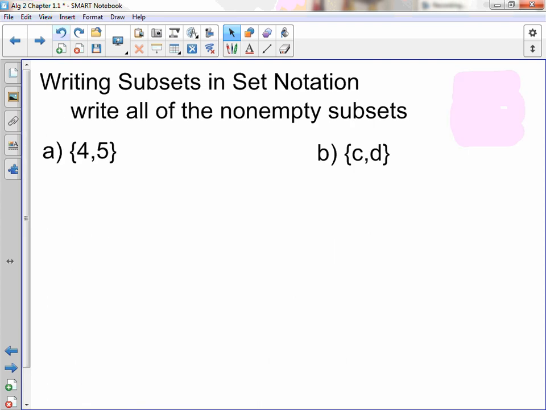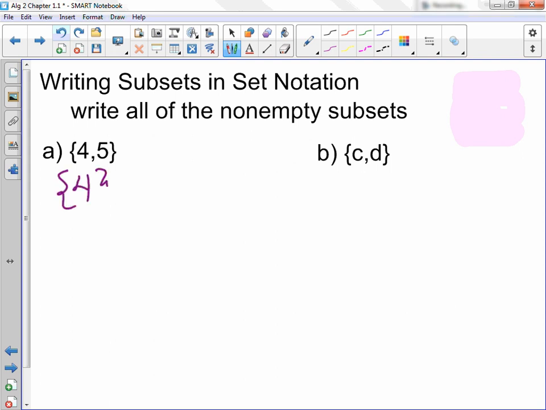So let's look at writing subsets. When we look at this here, 4 and 5, a subset of this could be a set containing the element 4. Because the set containing the element 4 is a part of the set, it's a subset. Another subset would be what? 5, the set containing 5.